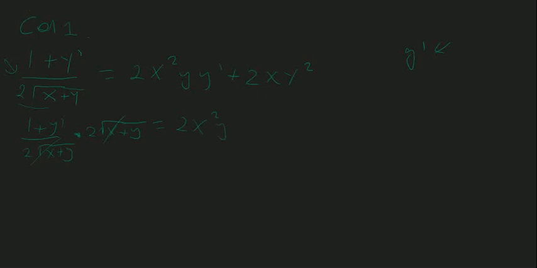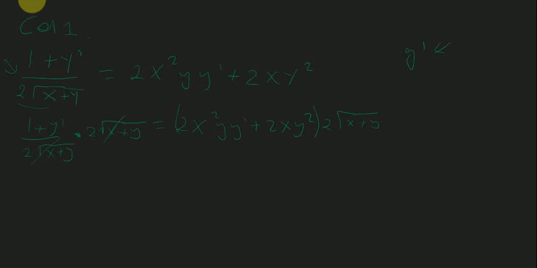2x squared y prime plus 2xy squared, all of this multiplied by 2 square root x plus y, which comes from the other side.